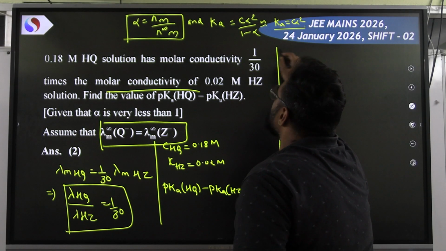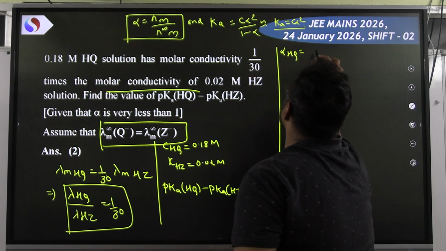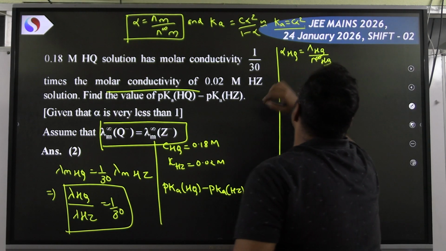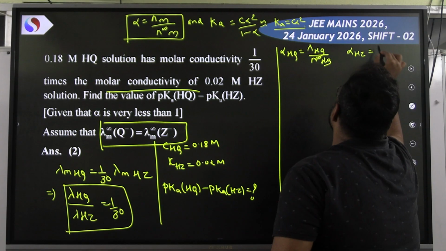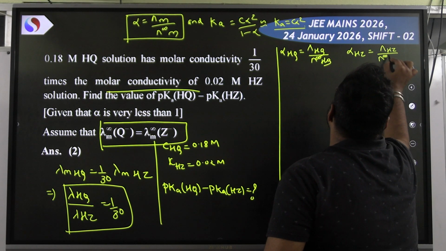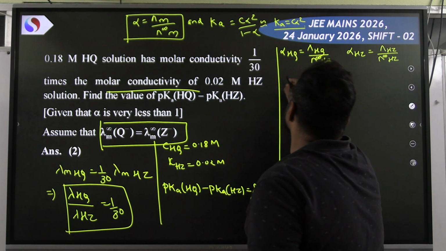So chalo, now alpha for HQ will be lambda of HQ divided by lambda infinity of HQ, and alpha of HZ will be equal to lambda of HZ divided by lambda infinity of HZ. Correct? Take both the ratio.